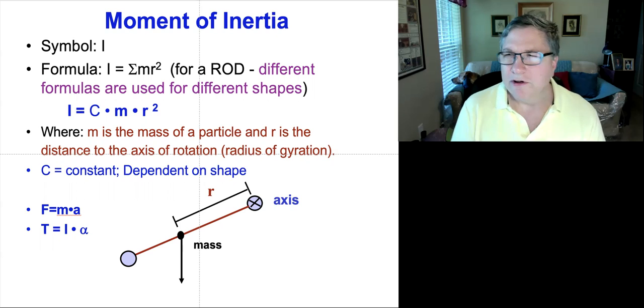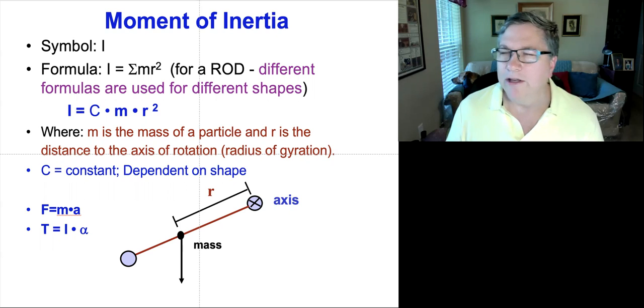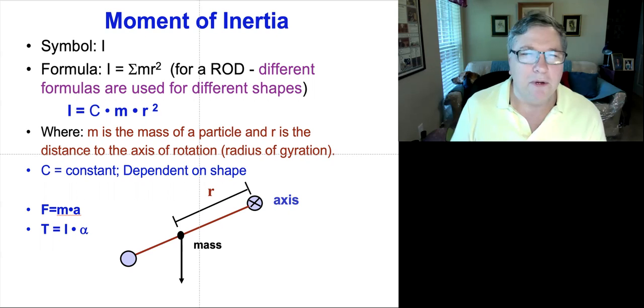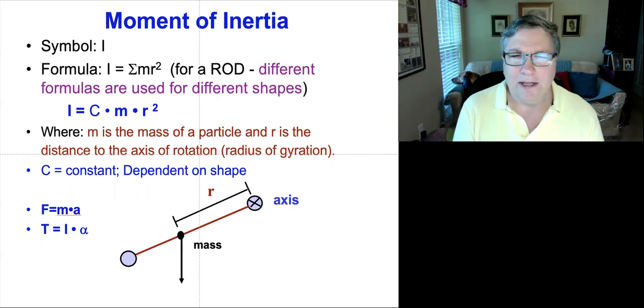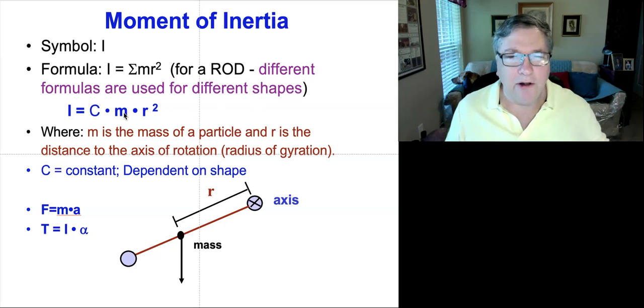The moment of inertia takes into account not just the mass. Remember, for linear motion, the inertia basically can mathematically be encompassed by focusing on the mass. Here we're going to be focusing not only on the mass, but the distribution of the mass. So for a rod, it's a constant that depends upon the shape times the mass times something called the radius of gyration.